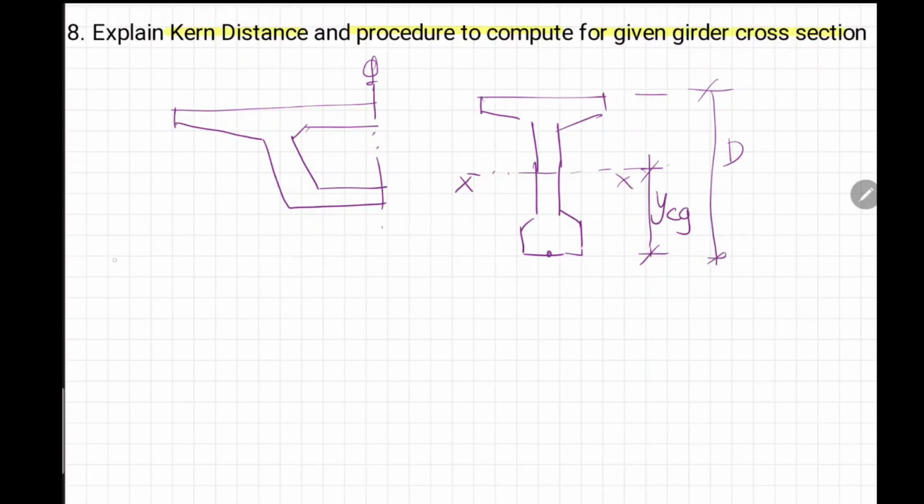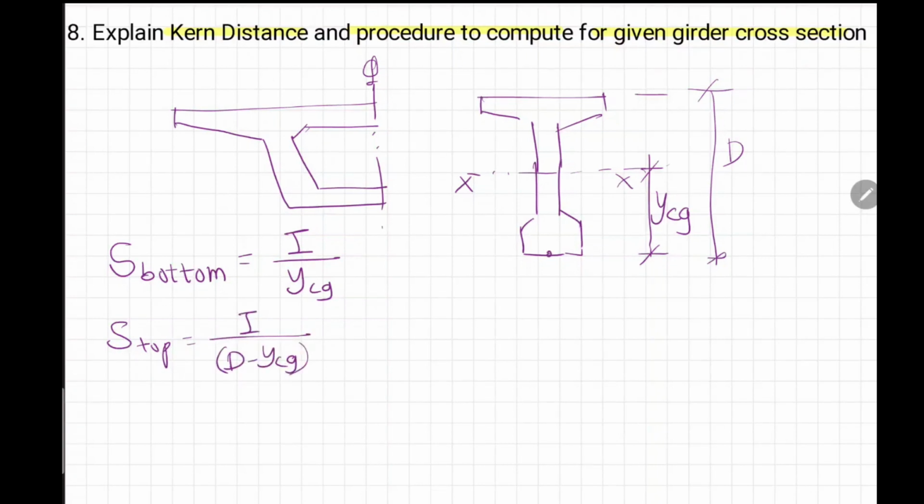So the elastic section modulus for the bottom, S bottom, equals I over y CG, and the section modulus for the top, S top, equals I over d minus y CG.